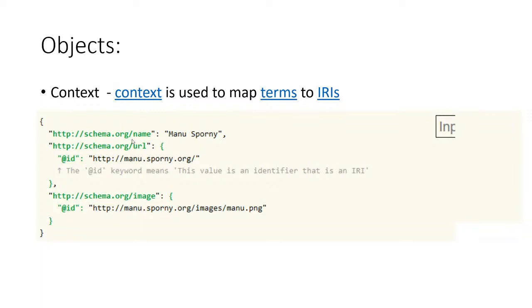So the @id is a keyword that gives us an identifier. We call it an IRI. I'll come back to that in a little second. And below you can see as well, there's a reference to schema.org/image. And again, we're using an @id and pointing that to an image on our web page.